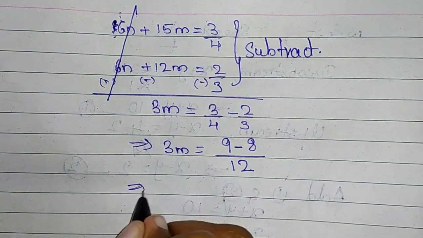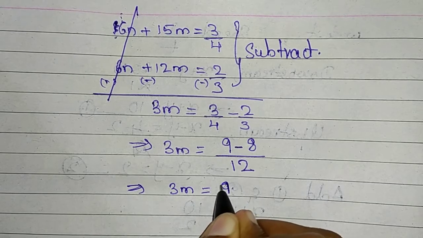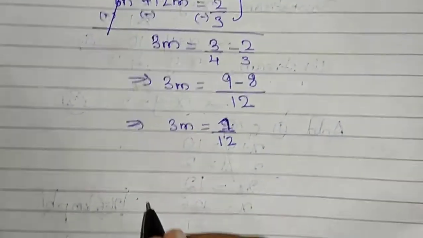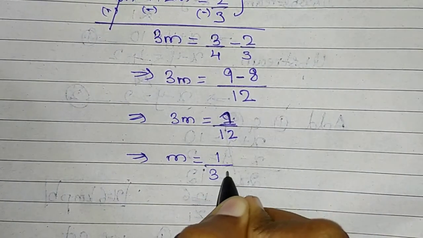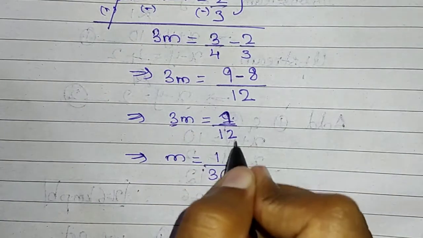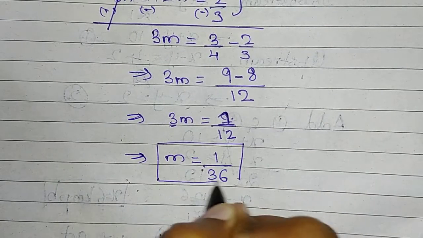So this implies 3M is equal to 1 by 12. This implies M is equal to 1 by 36. On transposing, 3 is in the numerator, it will go to the denominator, so 12 into 3, 1 by 36. This is our first result.